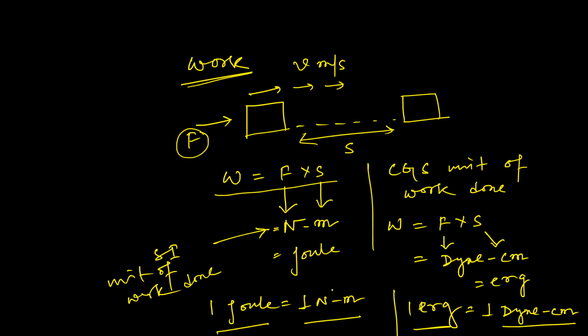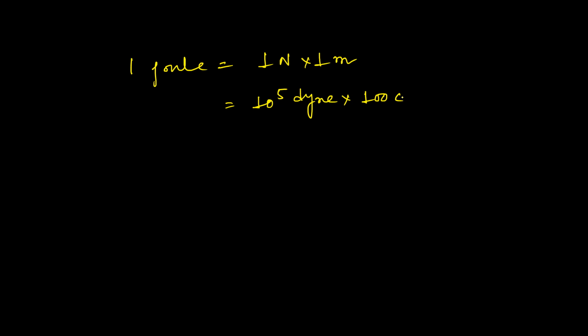Now we have found that work done can be measured in different units, so there should be a relation between joule and erg. 1 joule equals 1 newton multiplied by 1 meter. 1 newton equals 10 to the power 5 dyne, and 1 meter equals 100 centimeter.